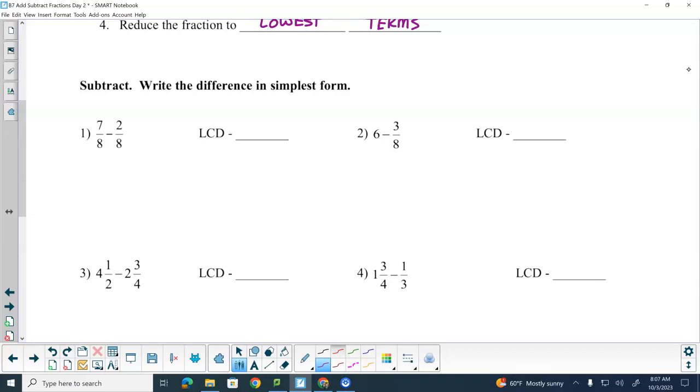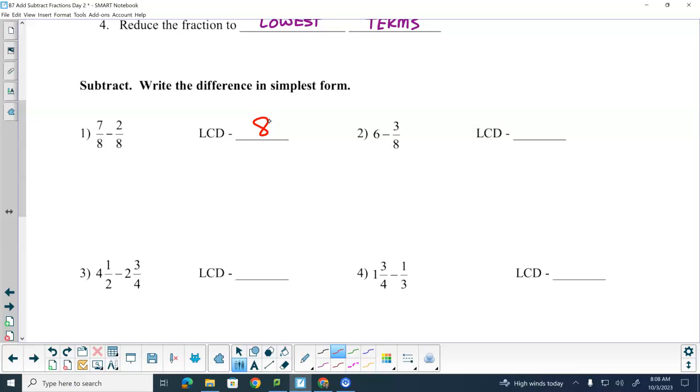We can say that we have a least common denominator of 8 because it already is. So step number 1 is done, which means step number 2 is done. And we don't have to adjust our fractions to make equivalent fractions because we're already in common denominator form.